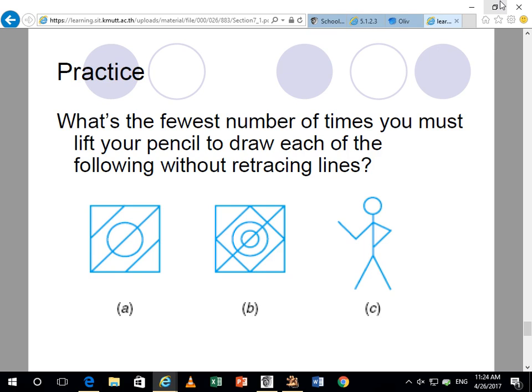So looking at the nodes, the degree of each node, obviously it is non-Eulerian. So can you partition it into Eulerian subgraphs? That's basically what you're doing.